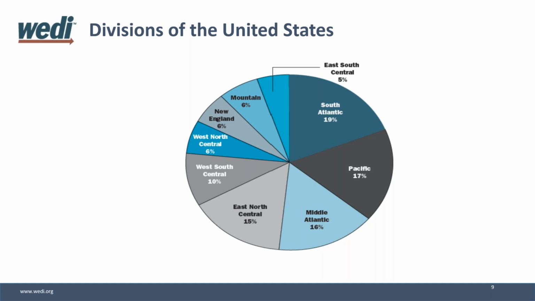Well, as we go here and look at this particular chart, out of those individuals coming out of college and universities with an active license, 19% of those individuals are really coming out of the South Atlantic. 19%. That's pretty high considering the fact that we've divided the United States up in the U.S. territories.